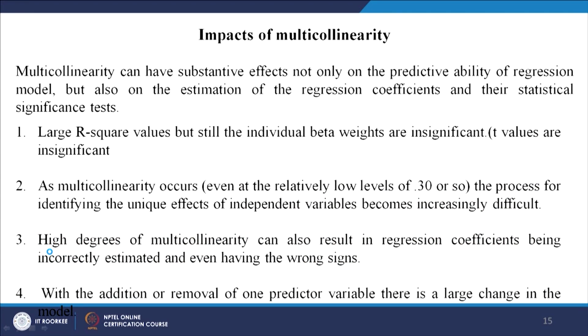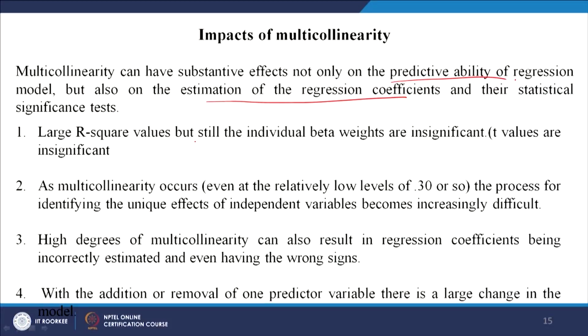Okay. Impact of multicollinearity, this is very important to understand. It has some substantive effects not only on the predictive ability of the regression model, but also on the estimation of the regression coefficients, right, and their statistical significance tests. This is the first problem. A large r square value, sometimes we are very happy as a researcher when we find the r square value to be high, we feel that the explanation of the model is very high.